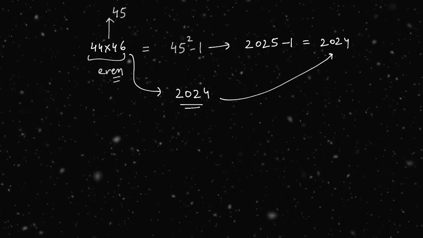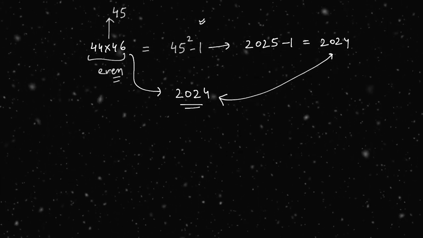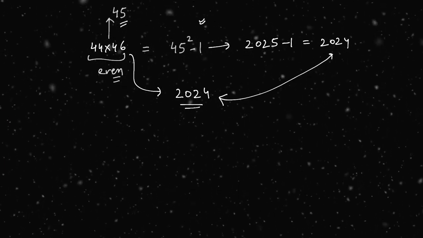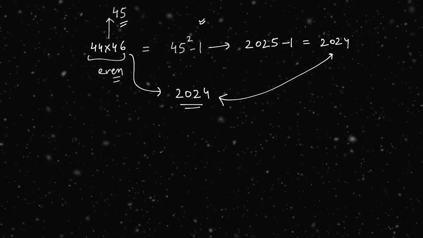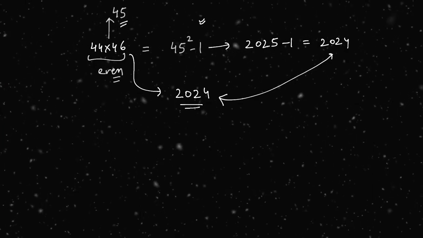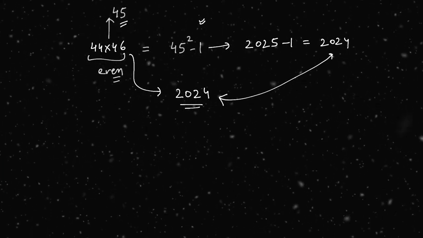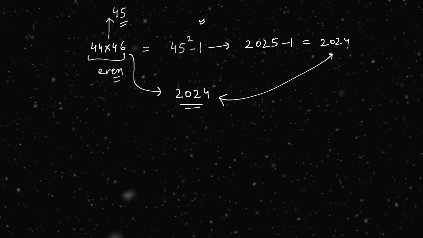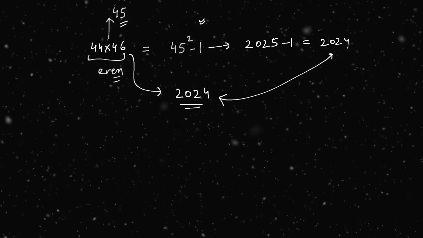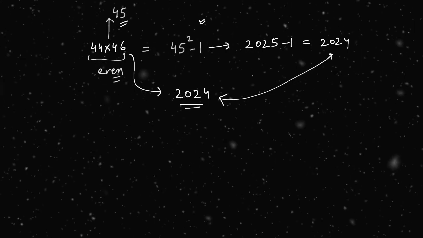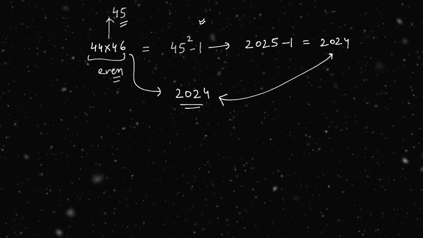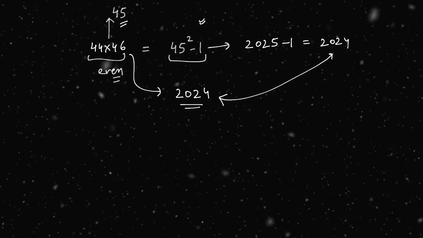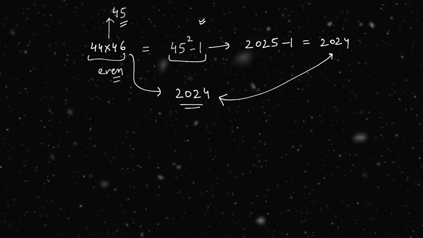It means that whatever concept we have learned, it will be applicable to the multiplication of both consecutive even numbers and consecutive odd numbers. So you have to practice this to understand it more clearly. The logic is the same for both, we just need to change our perspective whenever we solve the multiplication of any two consecutive even or odd numbers.